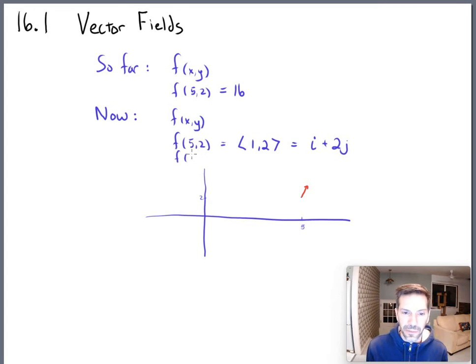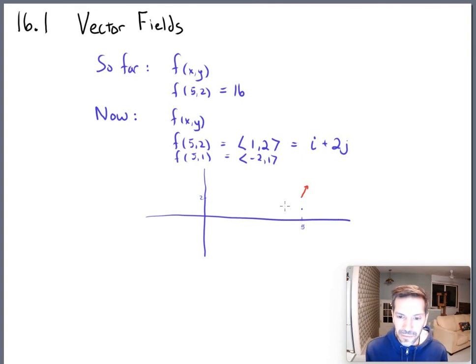I could plug another point into it, like maybe 5, 1, just for fun, and suppose out of that comes negative 2, 1. I'm just making that up. So now for the point 5, 1 in space, there's a vector at that point also, and that vector happens to be wildly different.